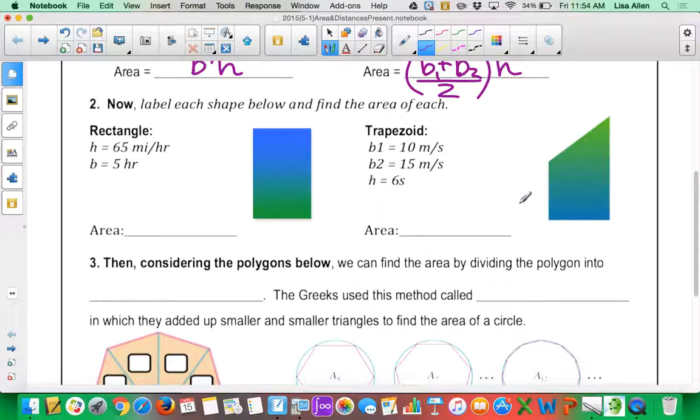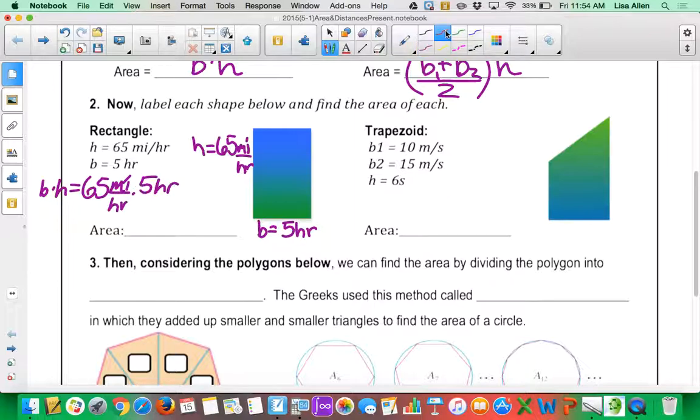So for this one, we have a base that's equal to 5 hours, and we have a height that's equal to 65, in units of miles per hour. So when we multiply those together, height times base is 65 miles per hour times 5 hours.